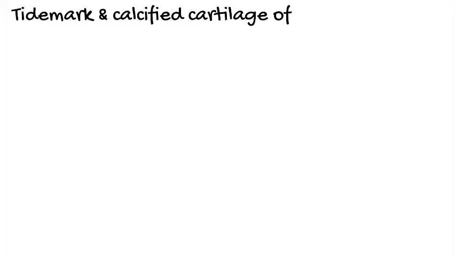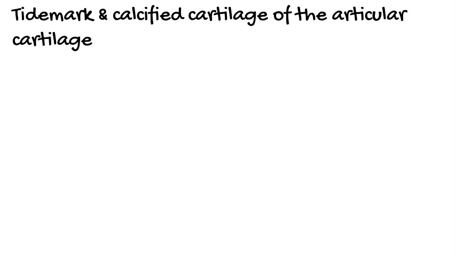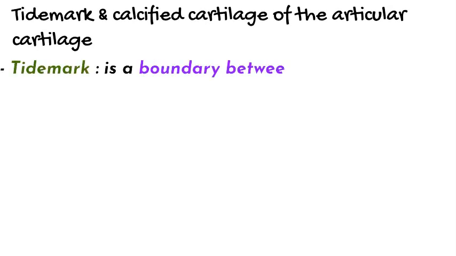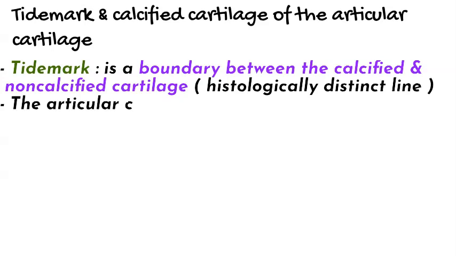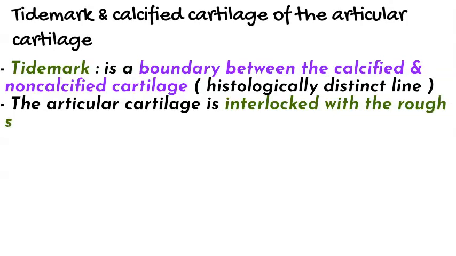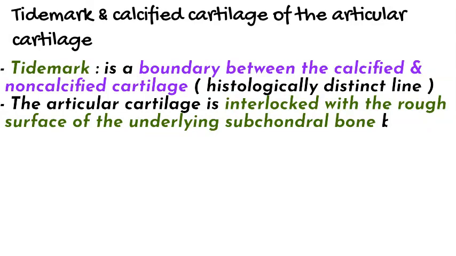The Tidemark and calcified cartilage of the articular cartilage. Tidemark is a boundary between the calcified and non-calcified cartilage. Histologically, it is a distinct line. The articular cartilage is interlocked with the rough surface of the underlying subchondral bone by a thin layer of calcified cartilage.